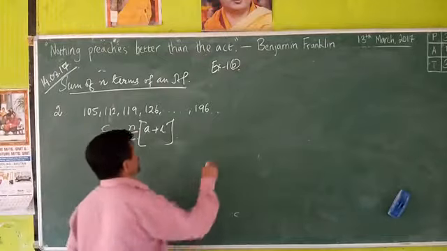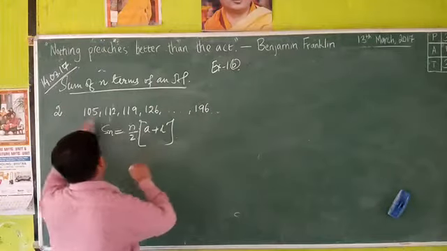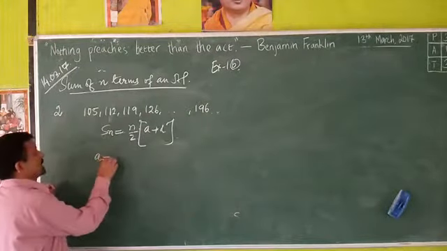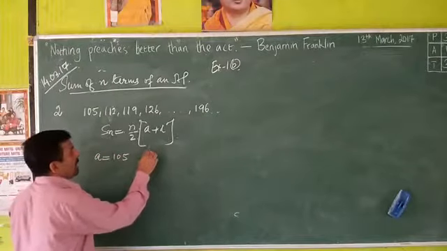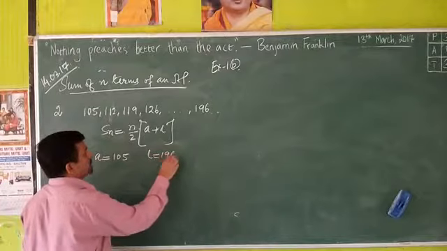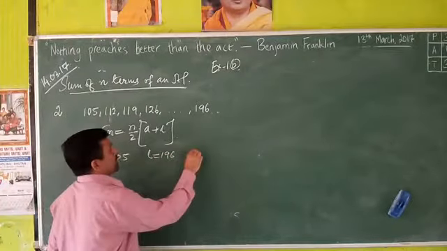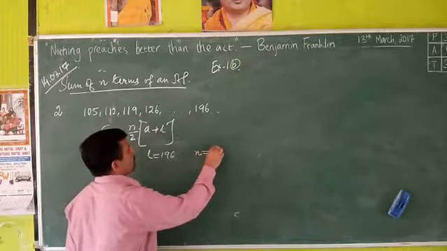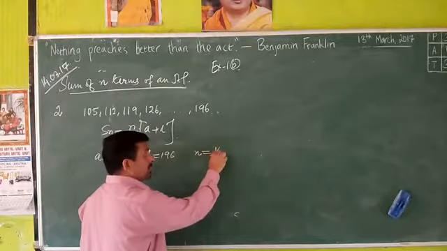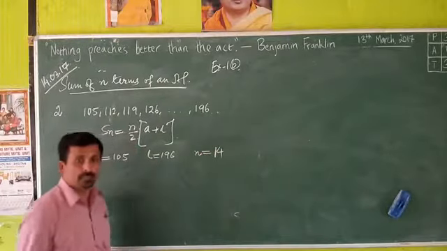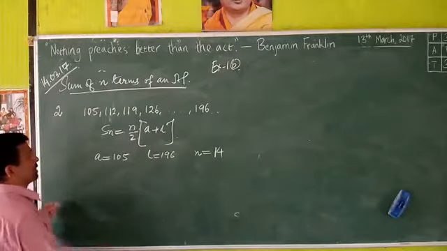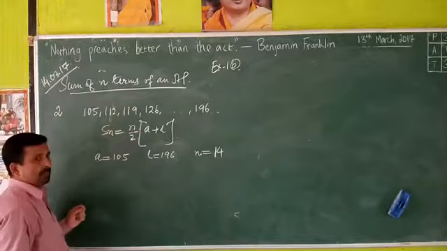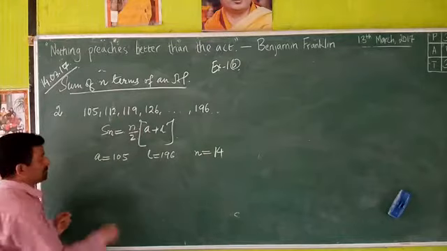And therefore, first of all, a is equal to 105, l is 196, and the number of terms is 28 minus 14, which is 14. Is it okay? Now we can use the formula and find the sum of all these multiples of 7 between 100 to 200.